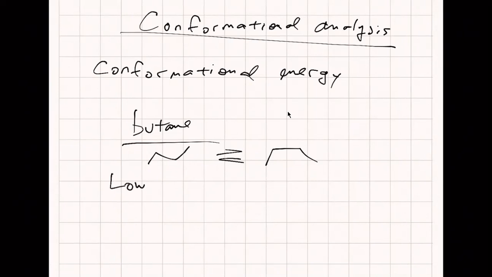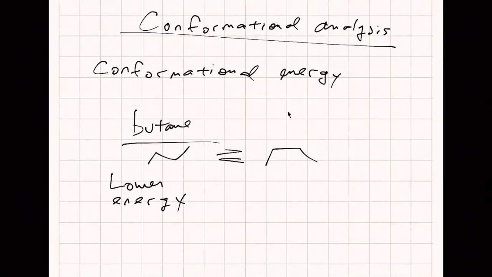and this one will be lower in energy because of those two methyl groups being opposite to one another. But there's a way to look at it and determine what the energy is and to draw it differently.